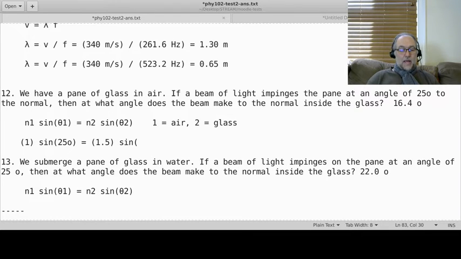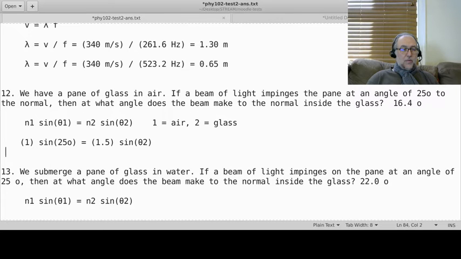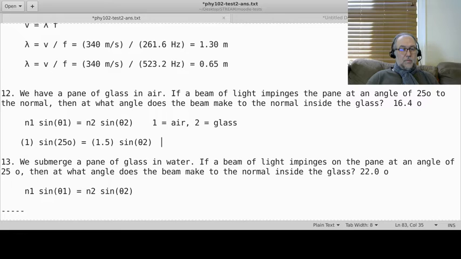So put 1.5 there. Sine of theta 2, which we don't know. That's what we're trying to solve for. I won't bore you with the algebra, but basically what you need to be able to do is take the inverse sine. I think most people know how to do that. I'll just give you the answer here: it'll turn out to be 16.4 degrees.